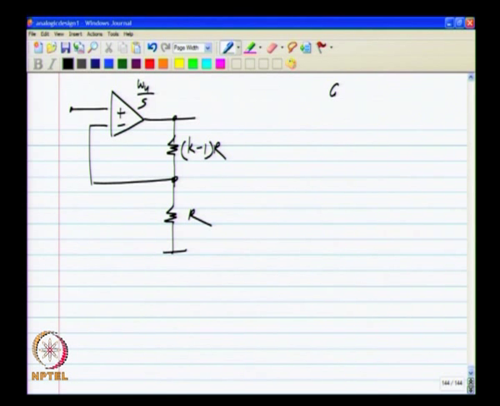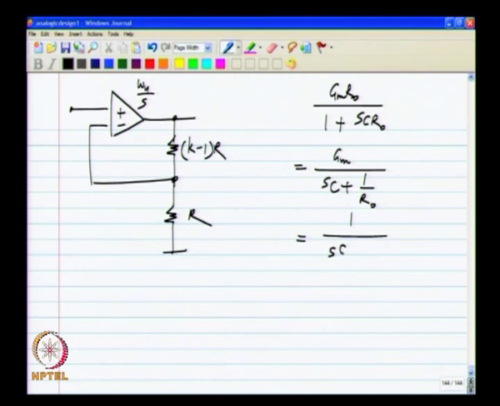The actual transfer function is Gm R naught by 1 plus s C R naught. This is one way to write it, or we can write it as Gm by s C plus 1 by R naught, or equivalently also as 1 over s C by Gm plus 1 by Gm R naught.